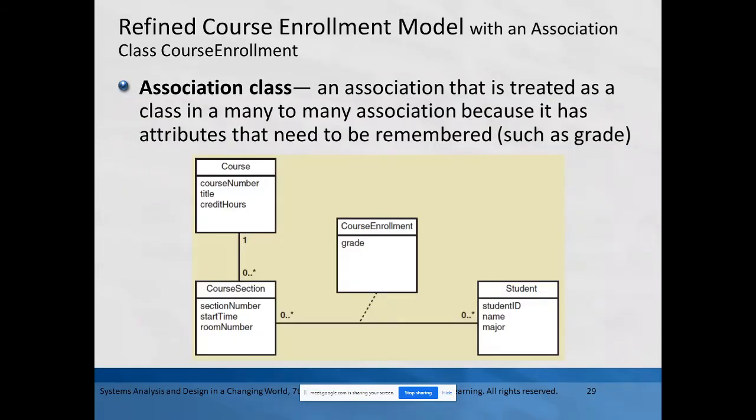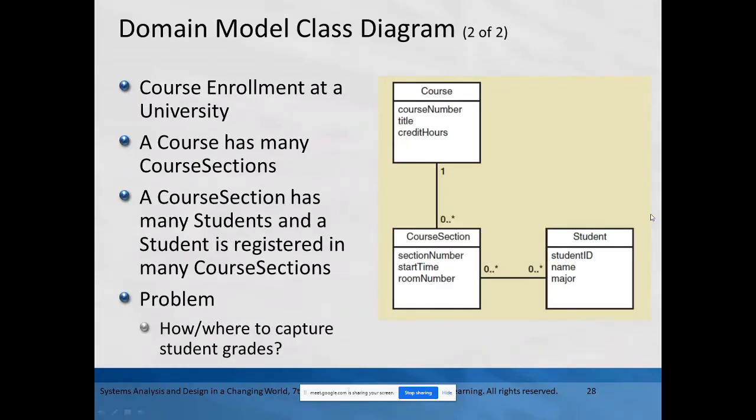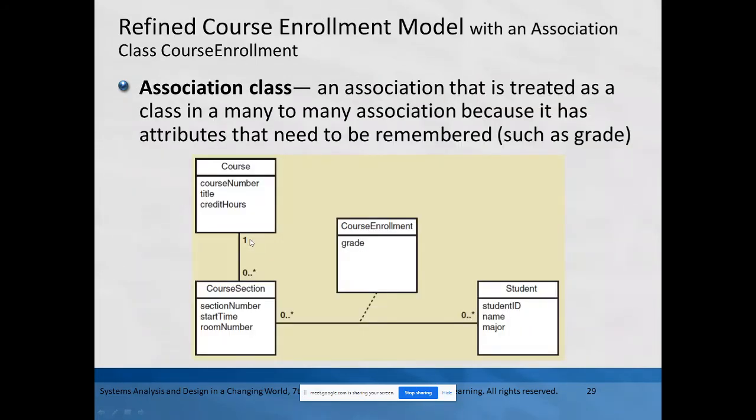All right, so this is important. I talked about the problem of many-to-many relationships. And actually, the previous slide shows a many-to-many right here, where a student can be a part of many course sections, and a course section can have many students. In UML, the way you fix this is with something called an association class.